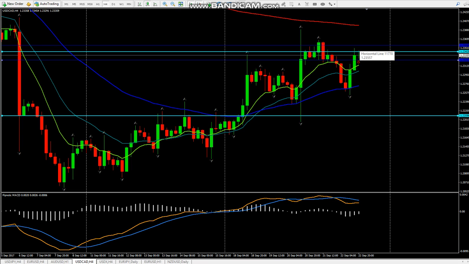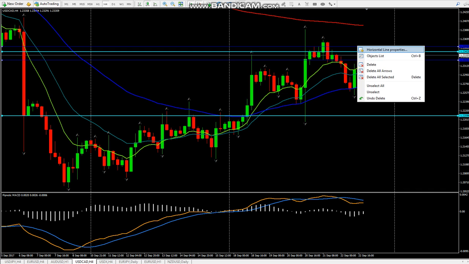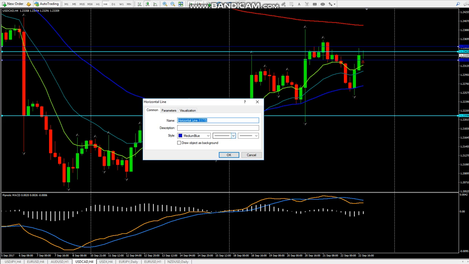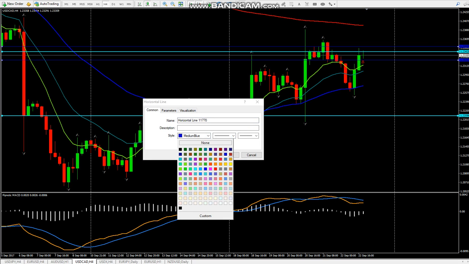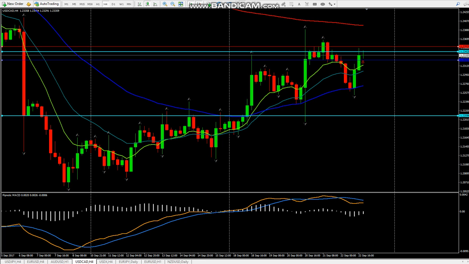Let's draw it about here, probably just above this price level, and then I'll make it a different color. Let's make it red then. Okay, so this is basically, I'm going to put a stop level here, and this is the entry level here.